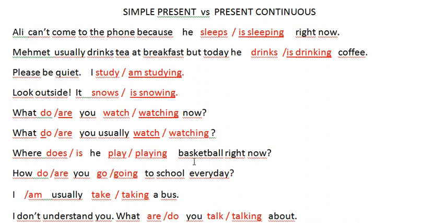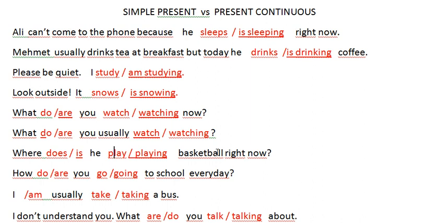Both sentences are correct, but when we say right now, at the moment, so if I am talking about now, I have to use present continuous. So, where is he playing basketball right now?